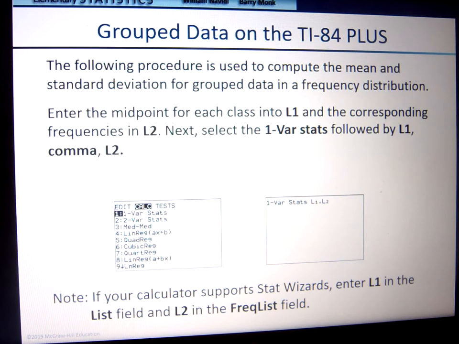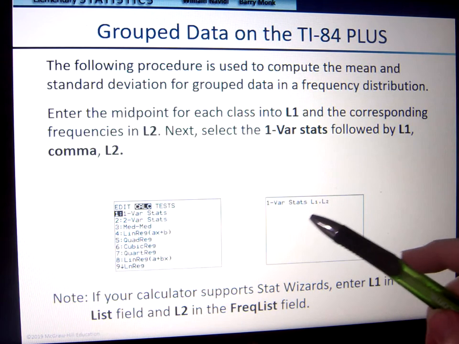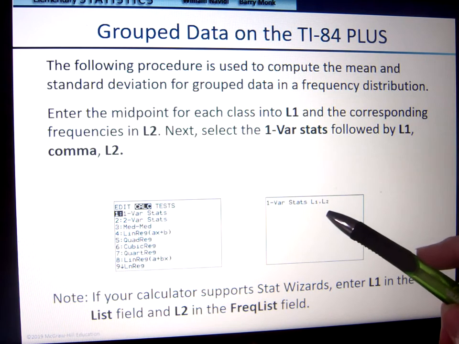All right, now you can use the mean and the standard deviation of a frequency distribution if you enter the midpoints and the corresponding frequencies in L2. You're still going to select one variable statistics followed by L1, comma, L2.